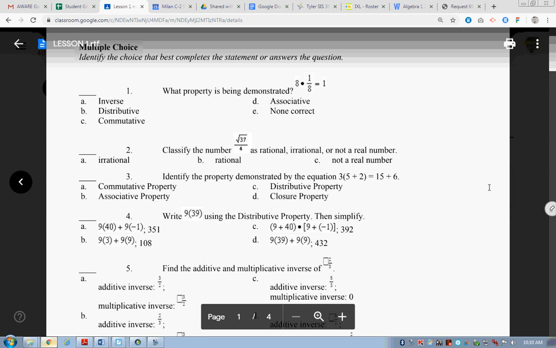So the question is, is it rational or irrational? This is one of the hints to something being irrational: if I have the square root of a prime number, that number is going to be irrational. And if I take an irrational number and divide it by a rational number, I'm still going to have an irrational number. That's like taking pi and dividing it by 4.